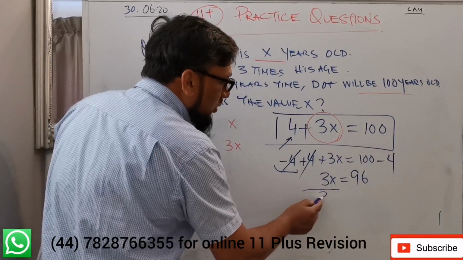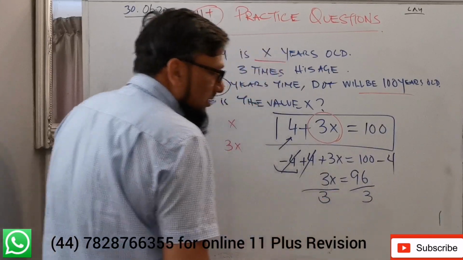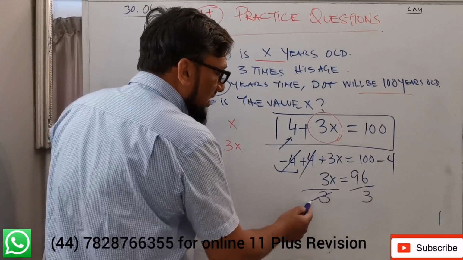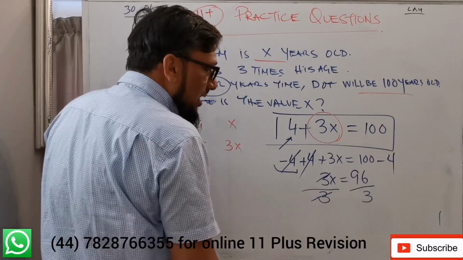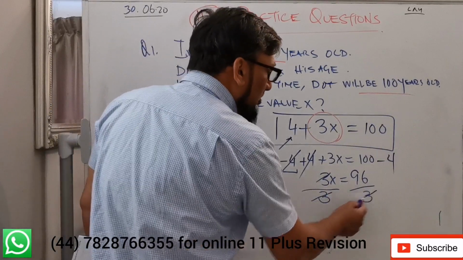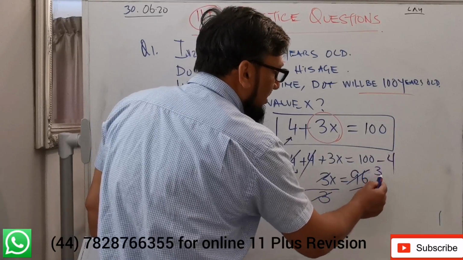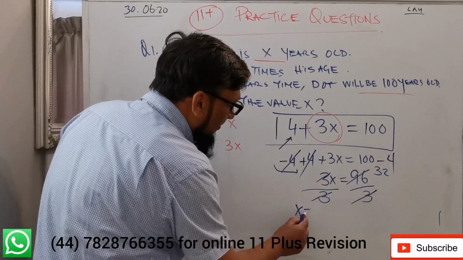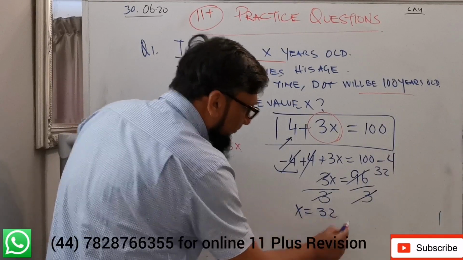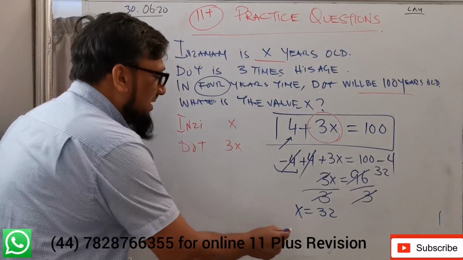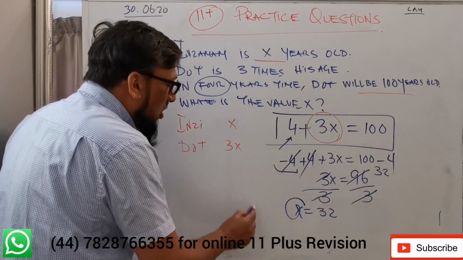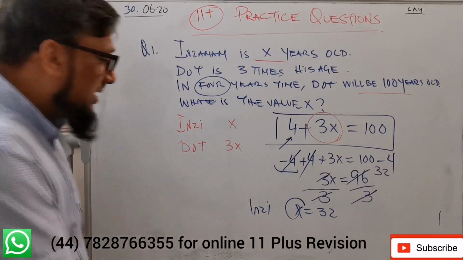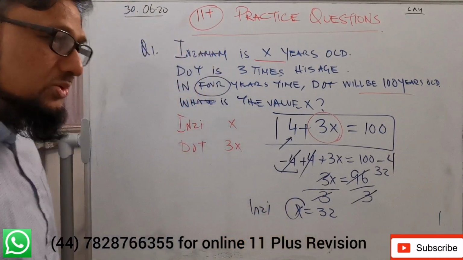Then we divide both sides by 3 to isolate x. 3 times cancels with this 3. And 3 times 3 is 9, and 3 times 2 is 6. So the value of x, which means the age of Inzi, is 32.